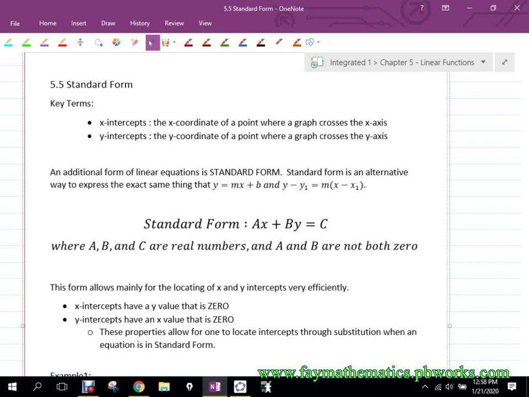Does it make sense? This is another format to talk about the equation of a line. Okay. It's called standard form. It's kind of like the most basic form. It's the most accepted form. You know, if something is standard, it's what everybody abides by, right? Okay. So we have standards we have to meet and that kind of thing.